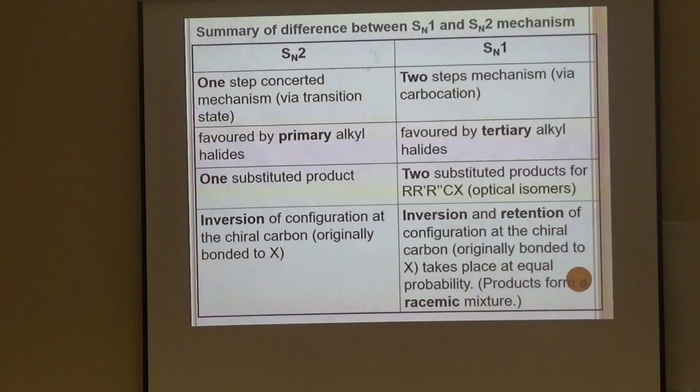SN2 only has one product, whereas SN1 has two, because you have the front attack and the back attack. SN2 gives an inversion of configuration, SN1 gives both, and that's why you end up with a racemic mixture. Make sure you highlight to yourself, racemic mixture means that it doesn't have any optical activity, it does not rotate plane polarized light anymore.